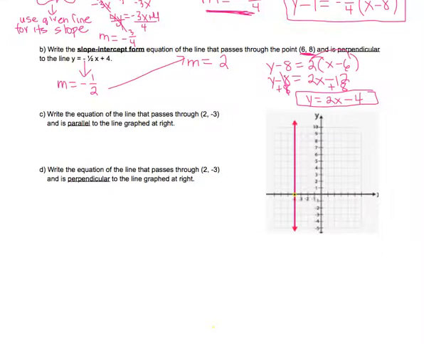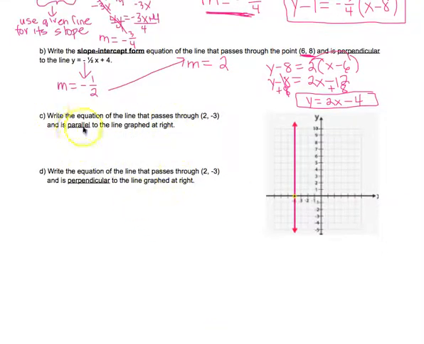All right, nearing the end, home stretch here. Write the equation of the line that passes through 2, -3 and is parallel to the line graphed at the right. So this line. Since this line is vertical, that means my line must be vertical, because vertical lines are parallel to each other.